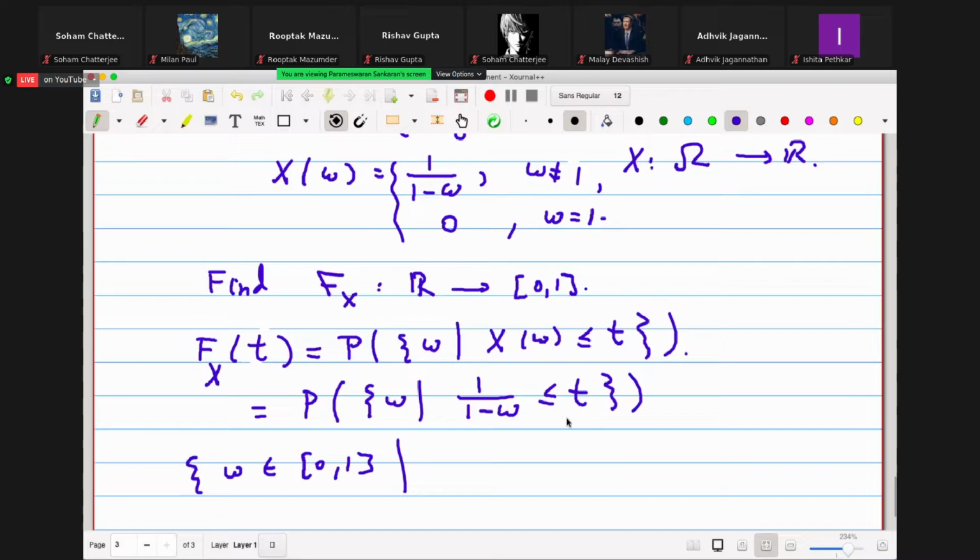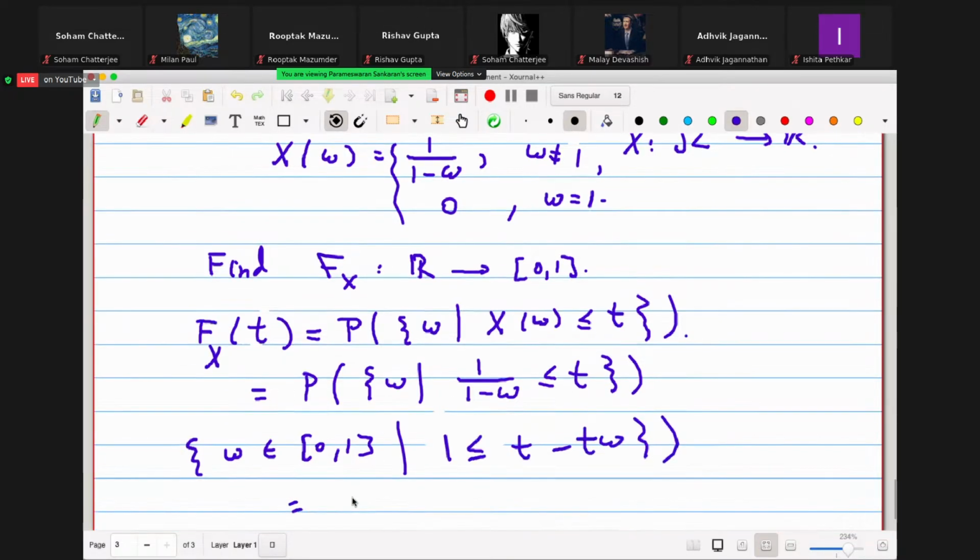So you take t omega to this side, and then the constant to the other side. If I did that correctly, 1 is less than or equal to t minus t omega. This is the set, ignore that bracket there.